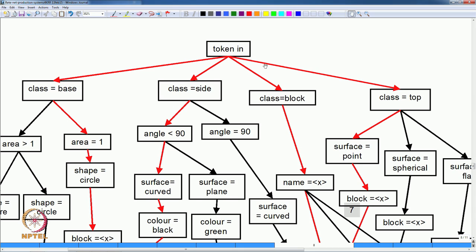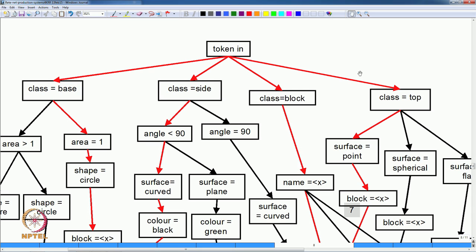So, you can see from the top, the root is where the token comes in, and the red lines are the ones which will match, which basically show you what are the patterns that we are looking for, the bond rule.